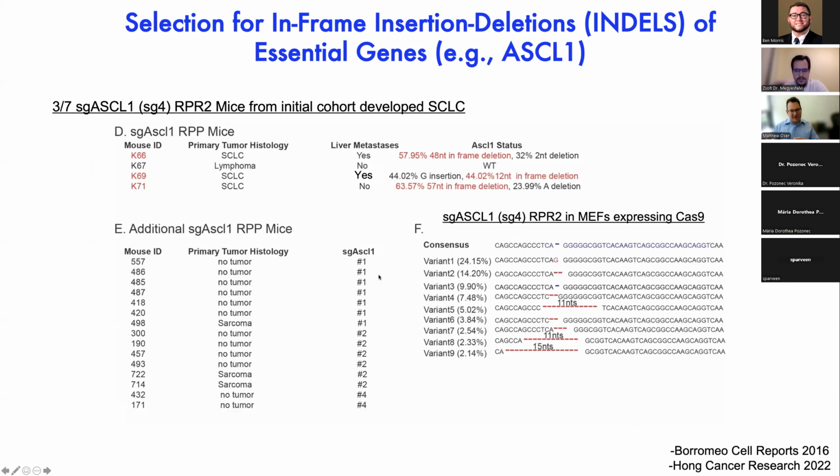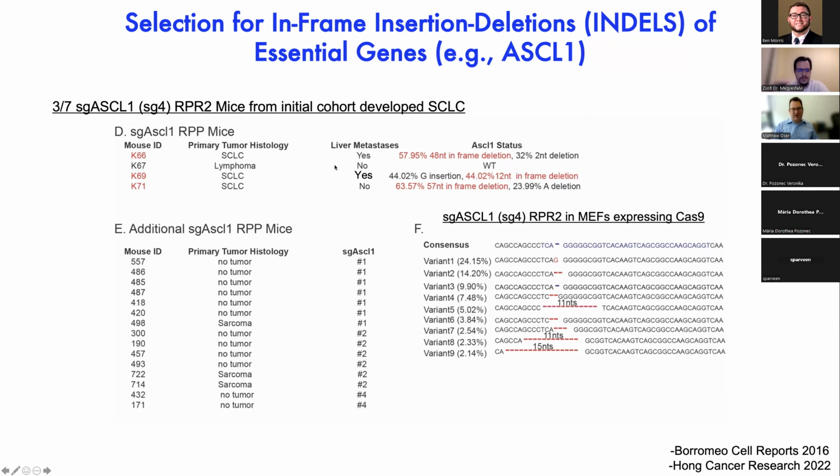But alternatively, there's oncogenes that are essential for small cell tumor formation. And so we had tested ASCL1 in this model. Jane Johnson's lab had elegantly shown that when you delete ASCL1 in the RPR2 model, the traditional model, really no tumors form at all. And so we wanted to test that as more of a proof of concept in this model.